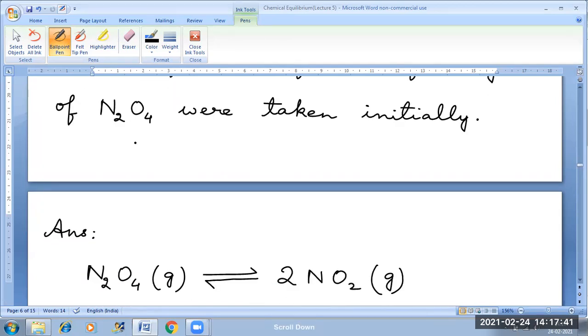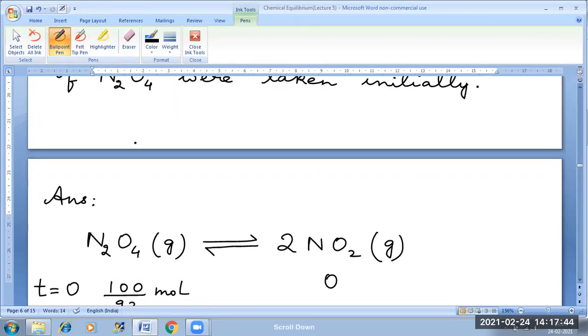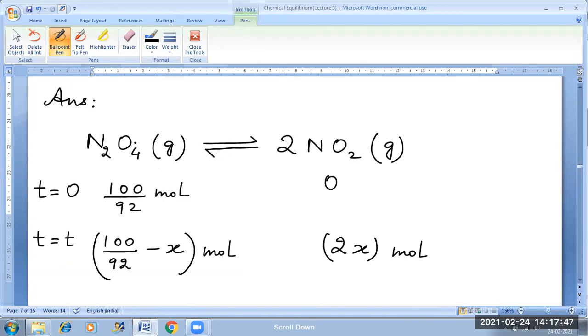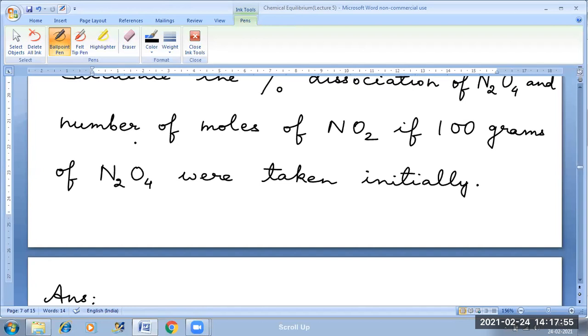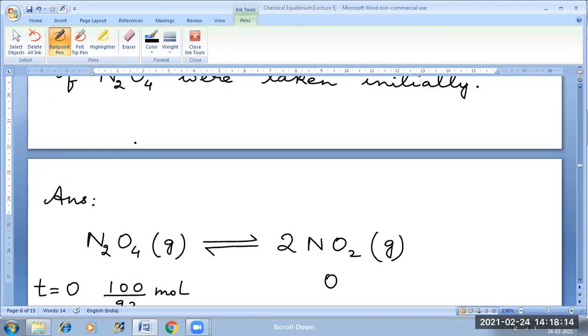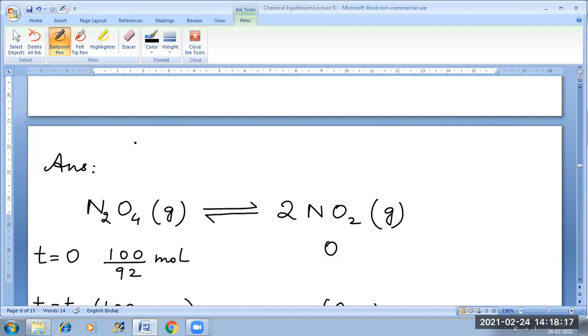Reaction. Yes. Now see, in the question they've clearly mentioned that 100 grams of N2O4 were taken initially, which means that when I started the reaction, I just had N2O4 inside the vessel. There was no other species present. I had 100 grams of N2O4. So I wrote 0 under NO2 because NO2 was not present.